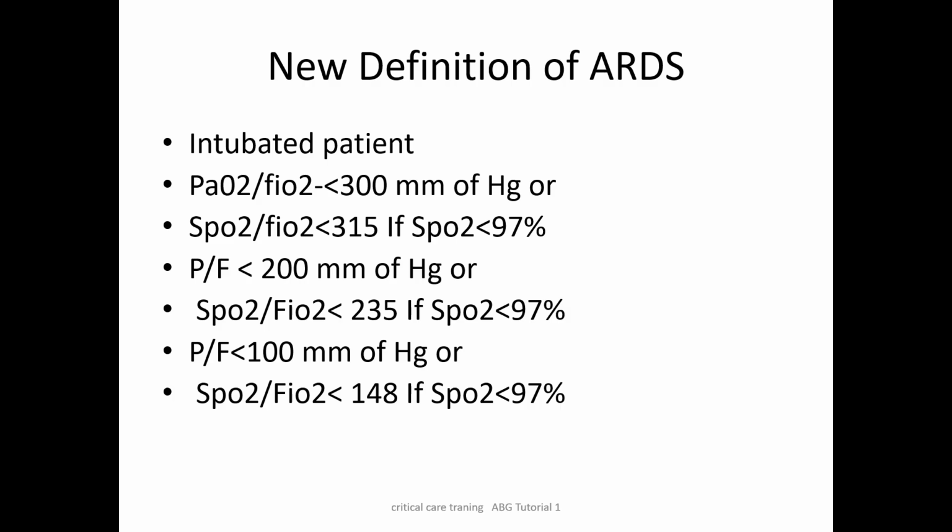they have come up with this, and if you cannot afford the PO2 FiO2 ratio, you can use the saturation to FiO2 ratio: pulse oximeter saturation, less than 97, divided by your fraction of inspired oxygen. If it is less than 315, it is mild, if less than 235 it is moderate, and less than 100 is severe ARDS.